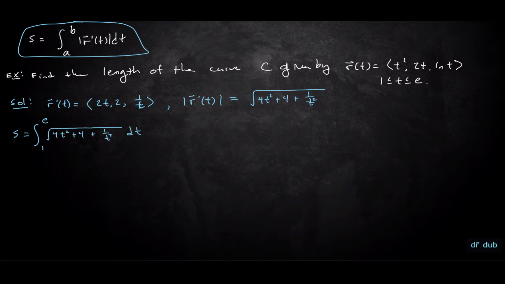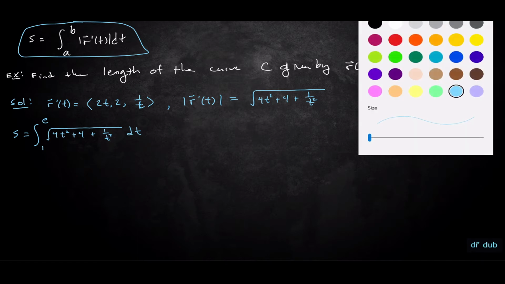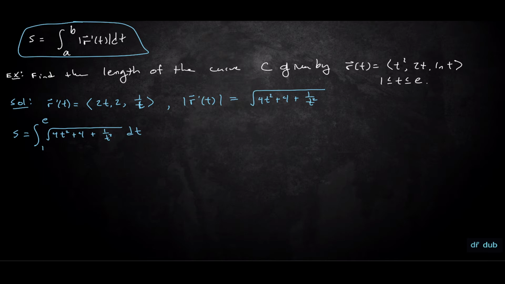So you have to integrate that function to get the length of the curve. Don't freak out. This is actually very standard for these arc length problems. There's a strategy for doing these arc length problems. The hint is, the first thing to try is to find a perfect square under the radical.